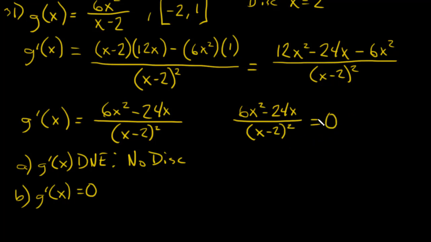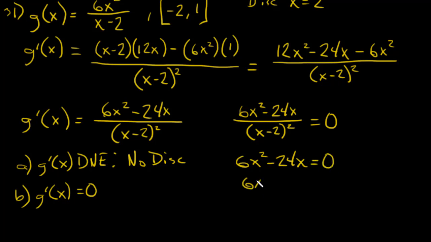This looks like a mess to solve for, except it's not so bad, because a fraction is equal to 0 when the top is equal to 0. So to find the values that make this expression equal to 0, I just have to set the top equal to 0. So 6x squared minus 24x equals 0.